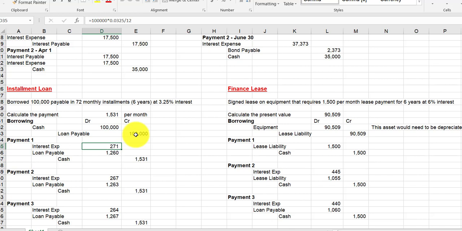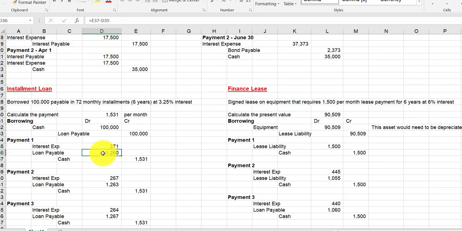And then the first payment. Calculate interest as mentioned in the PowerPoint slides by taking the original loan payable times the interest rate, divided by 12, because we need to get how much interest for 1 month. The cash is the same each payment.